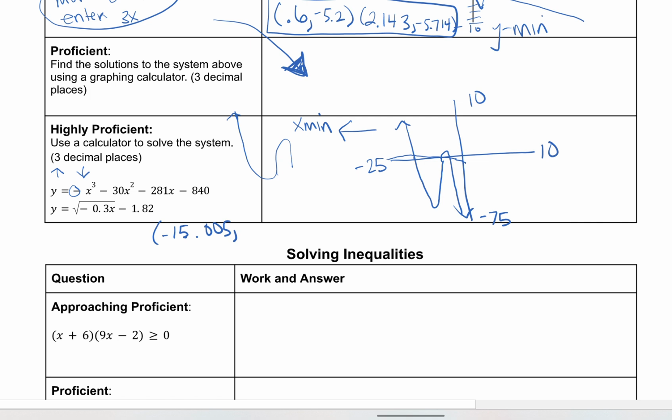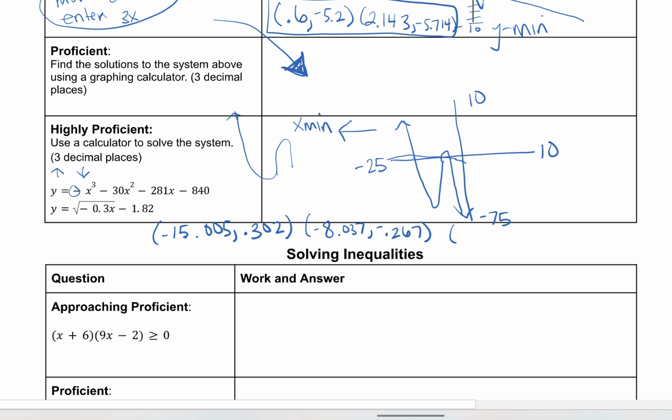Okay, and my answer is going to be -15.005, and the y value is 0.302. Okay, and then I do it again, second trace 5. This time I'm going to stay on the bottom side of that so that I don't move over to the third intersection point. So I'm just staying really close to this second intersection point. Okay, and then the third one, second trace 5.